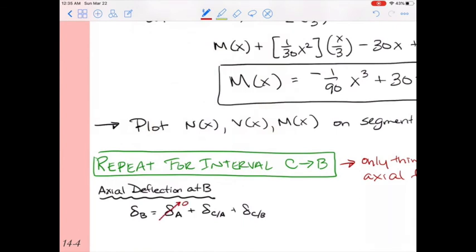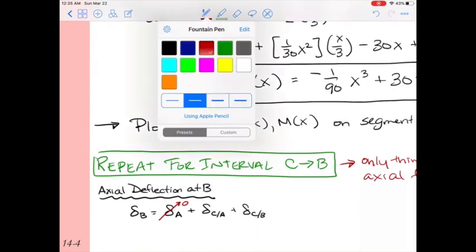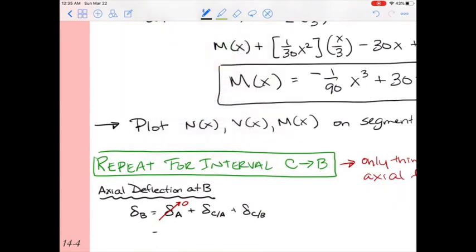Delta A is going to be 0. I think that last term should be delta B relative to point C. And so that's going to give me 0. On segment AC, I have a positive 5 kips times length of 20.2 feet. Just recall our delta equals PL over AE equation.